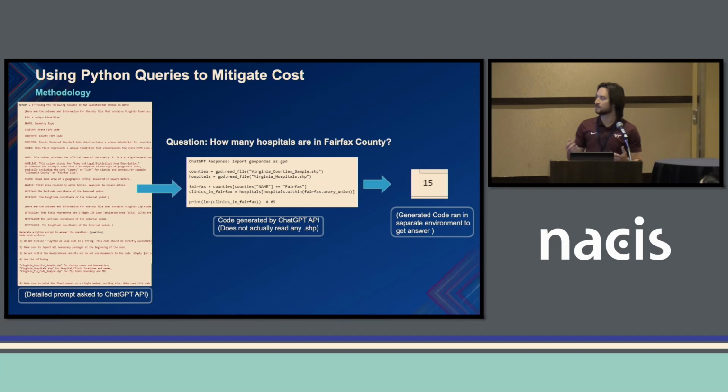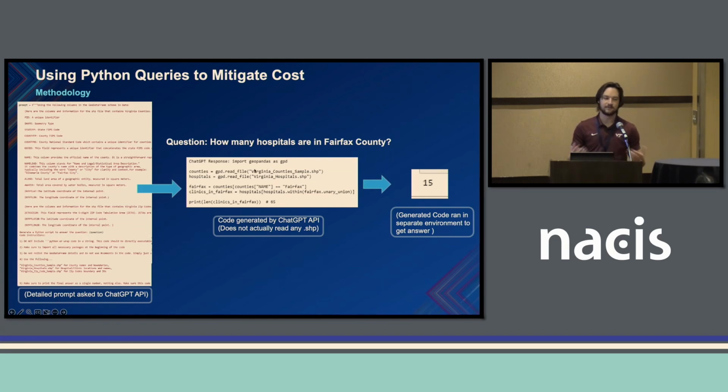To go around this, if you put a shape file into ChatGPT, first of all, it's very computationally expensive, and it's incorrect. Not a great combo. So we provided data on the specific shape files and column names, all from the census data. Here we have this long prompt of instructions, and then we asked it different questions like, how many hospitals are in a given county?